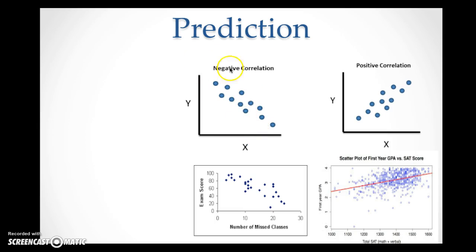The more students miss classes, their exam scores tend to drop as well. So we have another correlation. In this case, this is a negative correlation, and it can be used to predict, in this case, an exam score based on the number of missed classes.